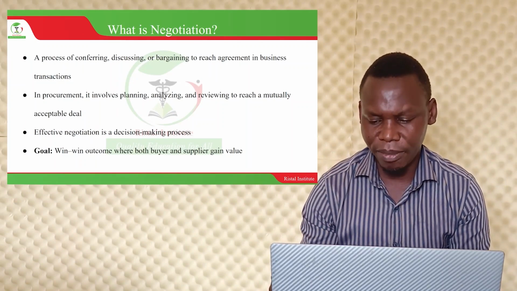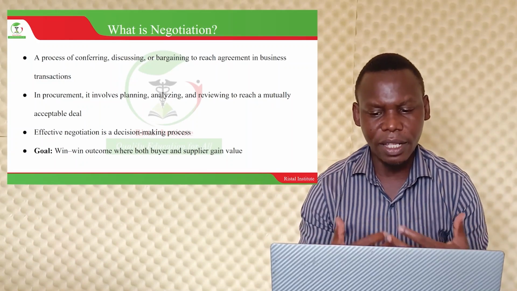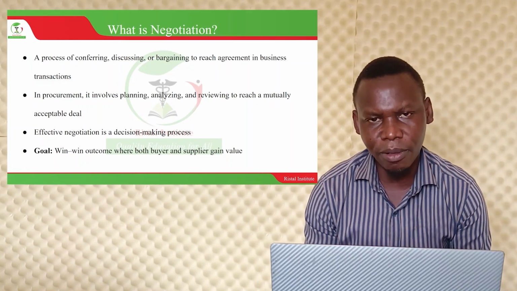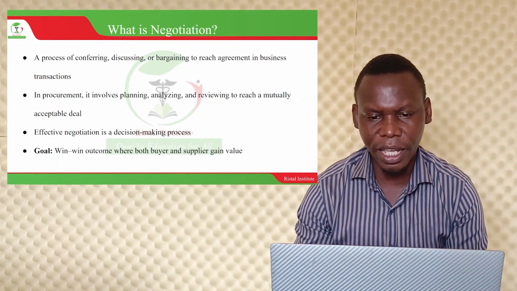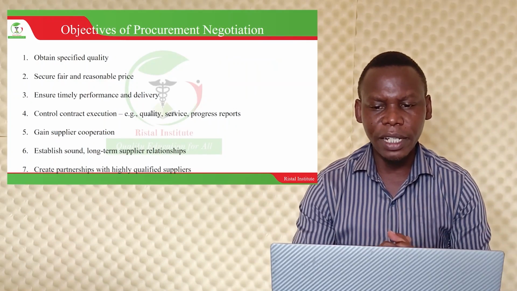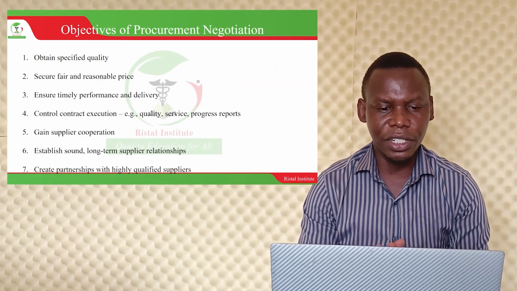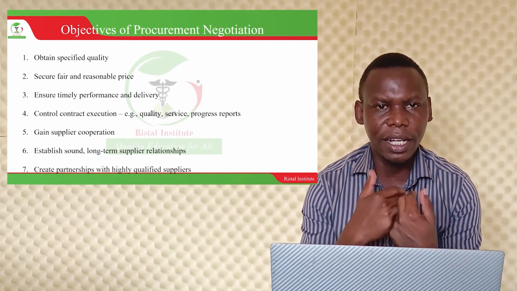I've already mentioned in the beginning: the buyer will go when he has value for the money he has paid for the good or the service, then the seller will go when he has also gained a profit. That is the win-win.